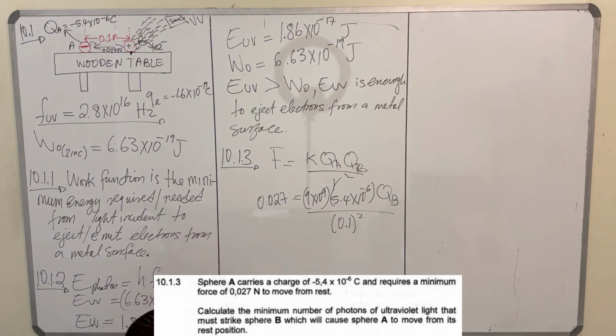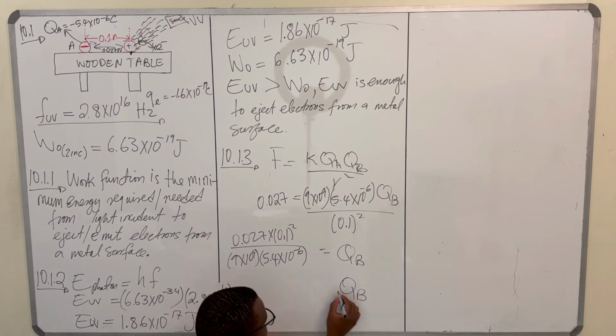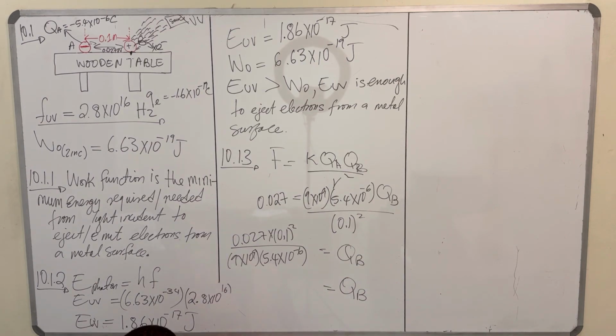Then solve for that. So your QB is equal to 0.027, you know how to solve, times 0.1 all squared, all divided by 9 times 10 to the 9 times 5.4 times 10 to the -6.